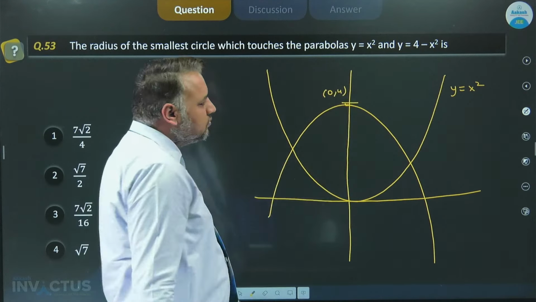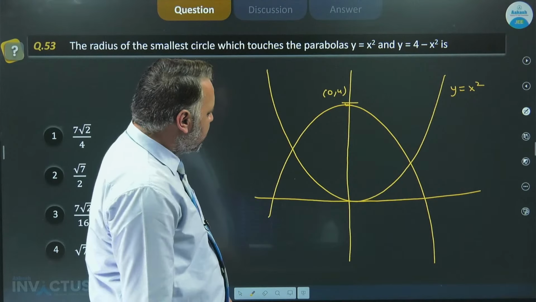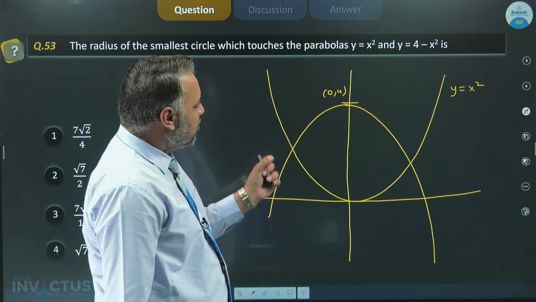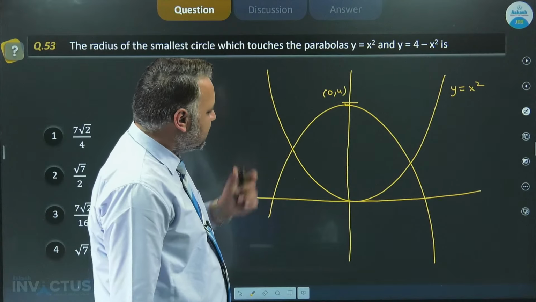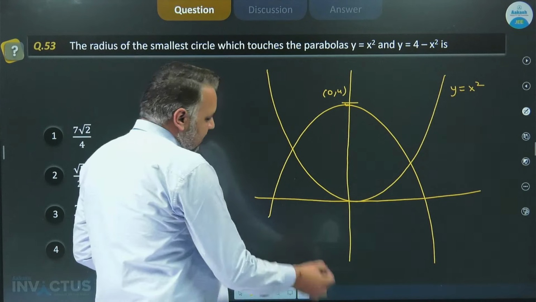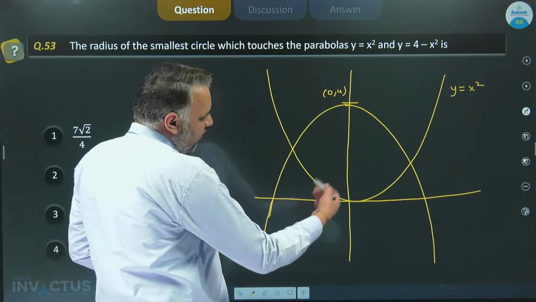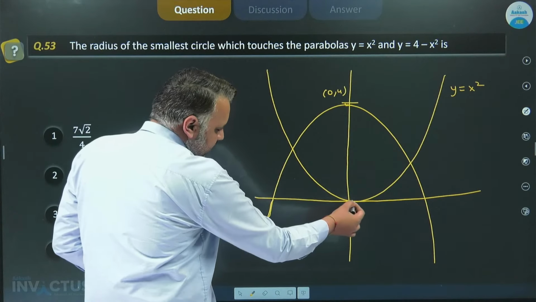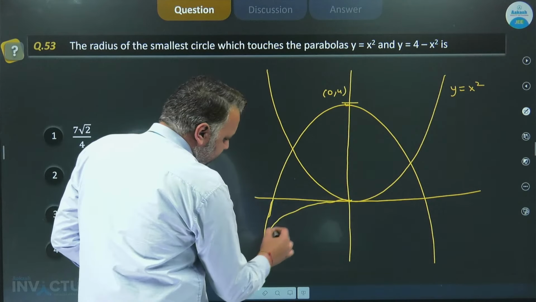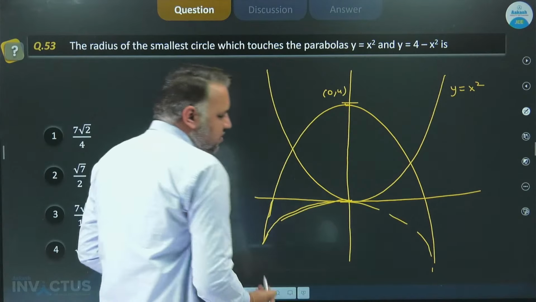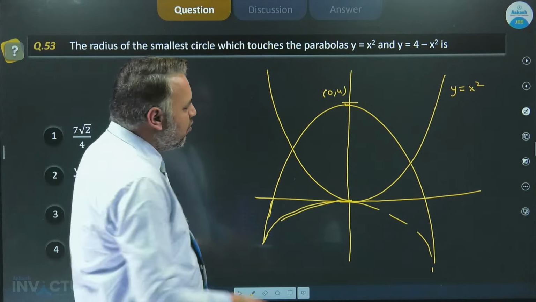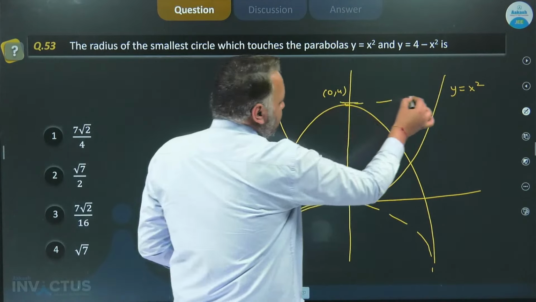4). If we are looking for a circle which touches both these parabolas and is centered on their axis, then there can be 3 circles. One will touch the parabolas like this. One will be a circle which touches the parabolas like this.